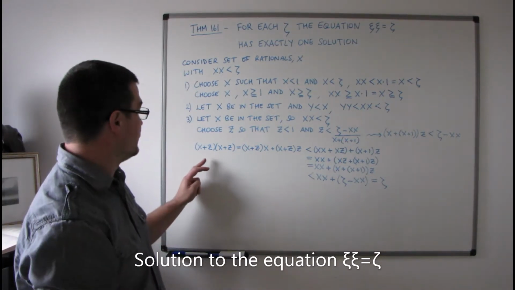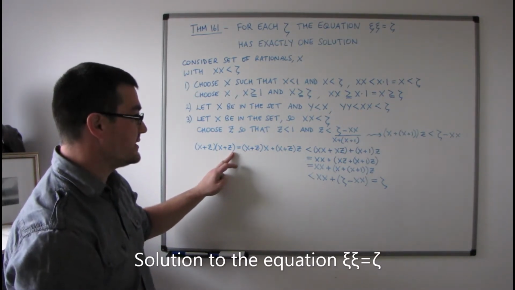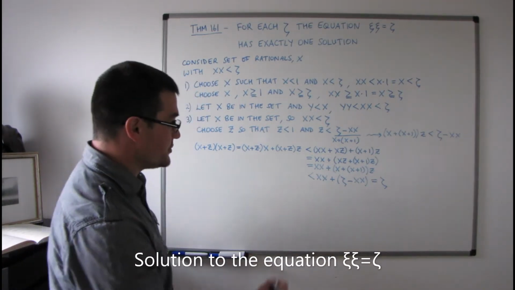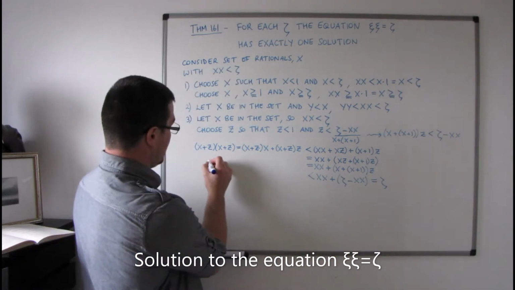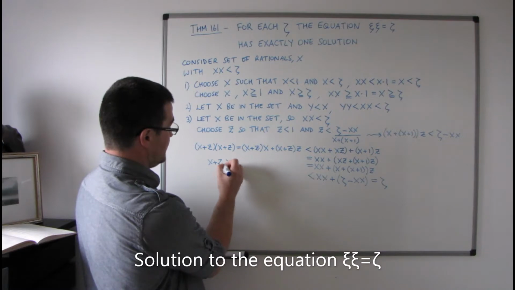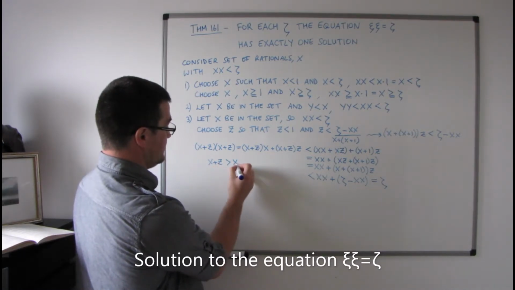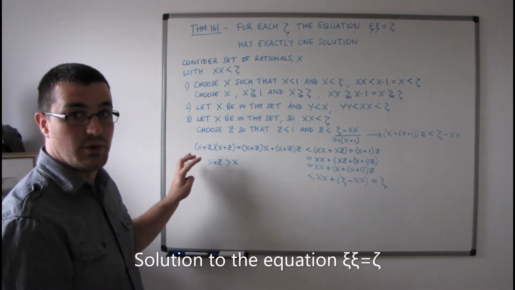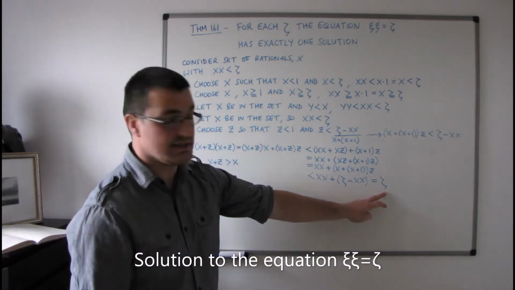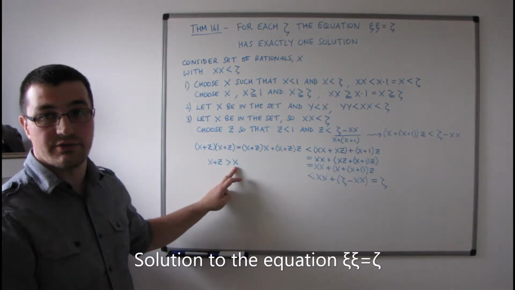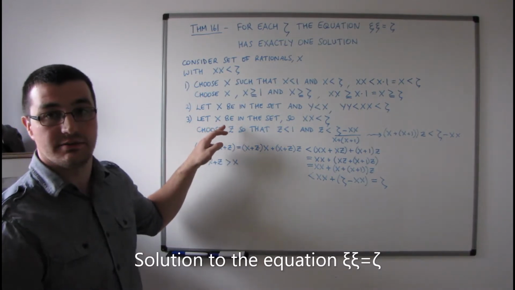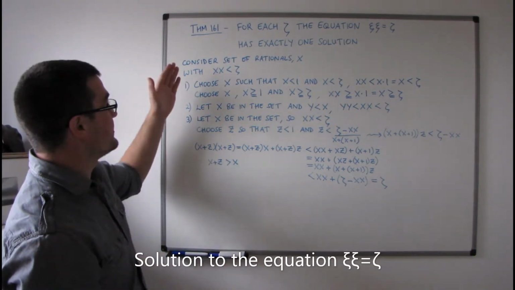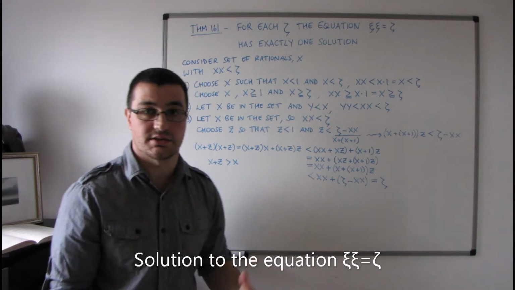So therefore, what this shows is that x plus z times x plus z is less than zeta. And crucially, x plus z is greater than x. So therefore we've got a number, x plus z, which when multiplied by itself is less than zeta, but which is also greater than the original number x that we chose in our set. So that's part 3 of the definition of a cut. Therefore the set that we're talking about here is indeed a cut.